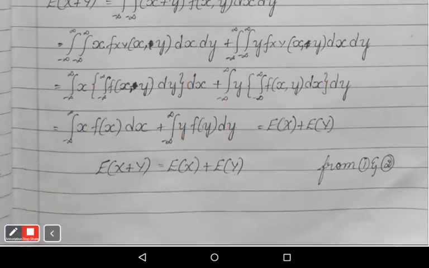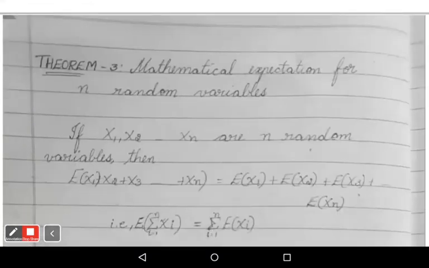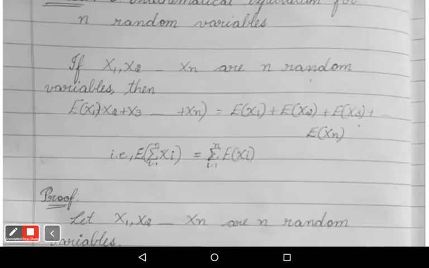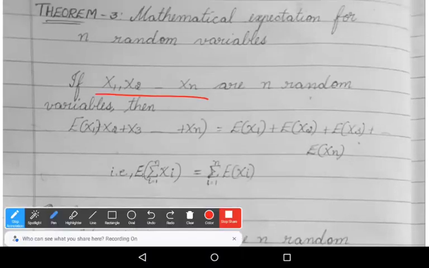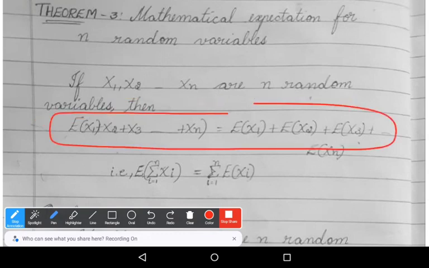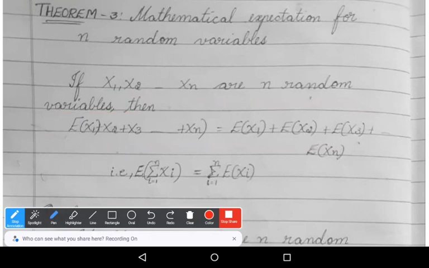So let us see the next property of mathematical expectation: the addition theorem of mathematical expectation for n random variables. The statement is, if x1, x2, and so on up to xn are n random variables, then expectation of x1 plus x2 plus and so on plus xn is equal to expectation of x1 plus expectation of x2 plus and so on plus expectation of xn.